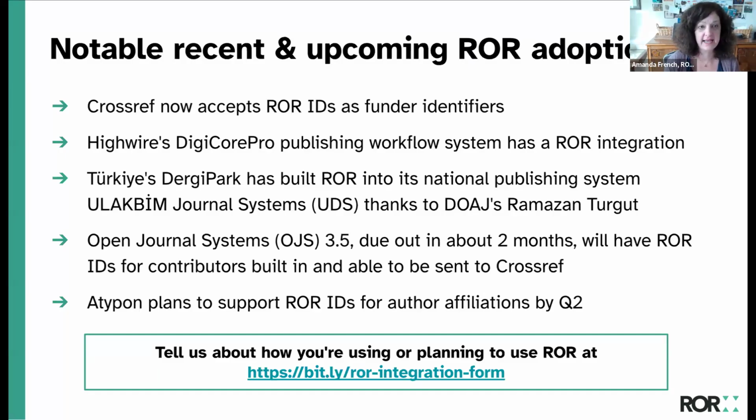As we mentioned again at the annual meeting, Adapon, which is a major publishing platform service provider, is in the process of supporting ROR IDs for author affiliations, and again, being able to send those to Crossref.